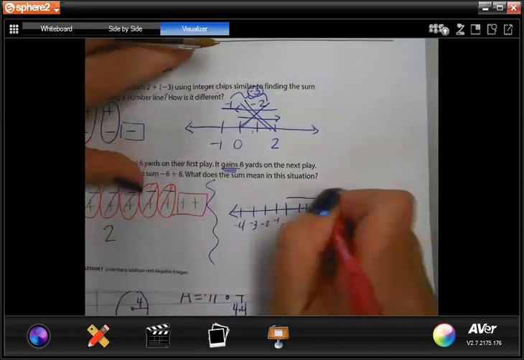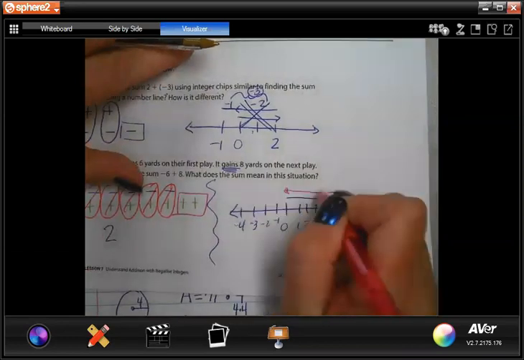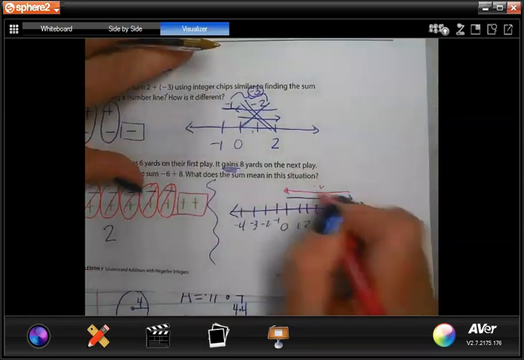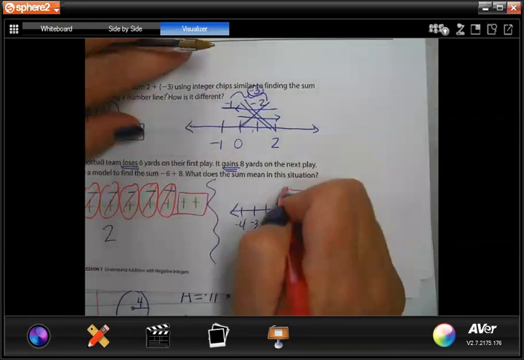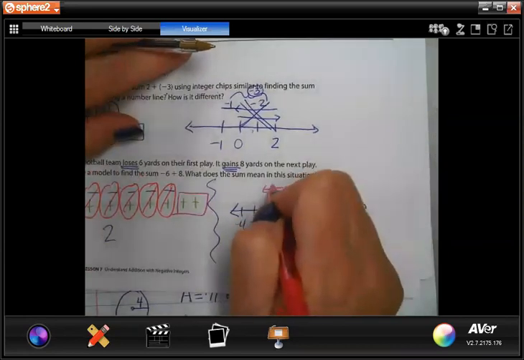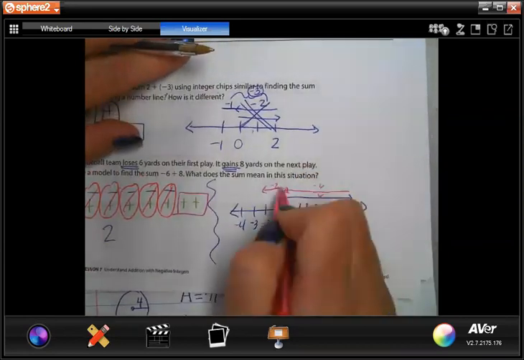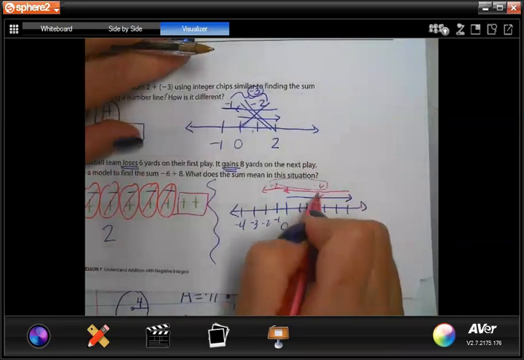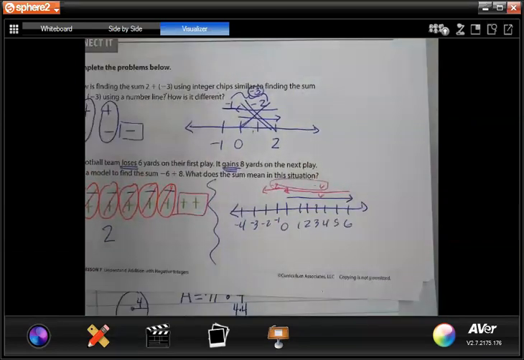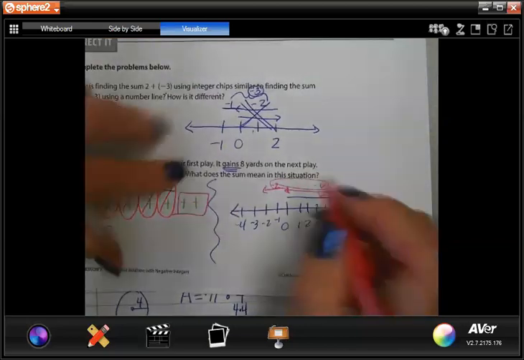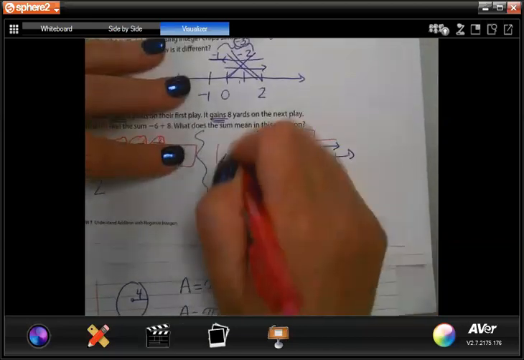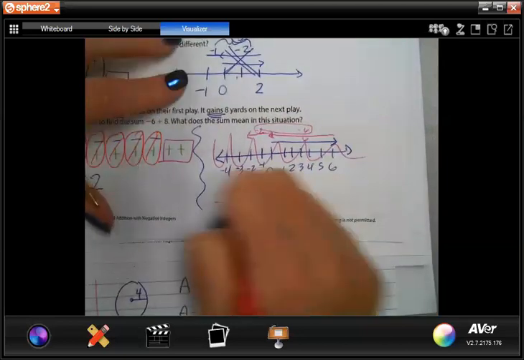So here's my -6 right to here, right? Because those are going to cancel out. And then what's left over, I still have 2 more to go because these have to have a sum of 8, right? So my answer, oh, how about I do that correctly? Oh my goodness, I'm sorry. Ignore this, doing the wrong problem.